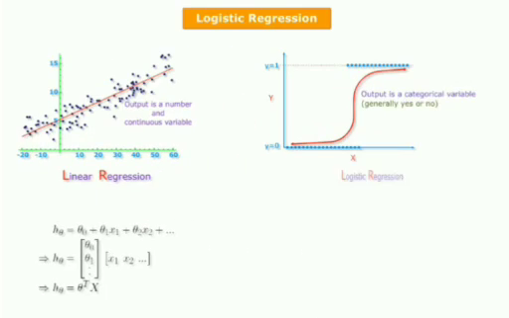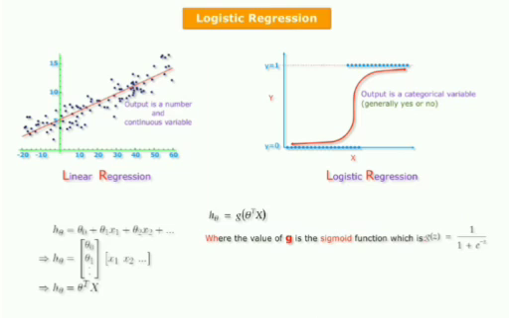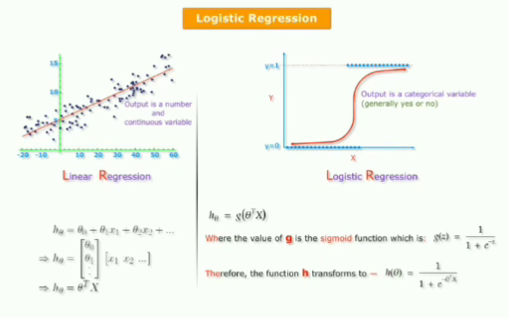For logistic regression, the equation is modified a bit. h theta is equal to g of theta transpose x, where the value of g is the sigmoid function, which is g(z) is equal to 1 by 1 plus e to the power minus z. Therefore, the function h transforms to h theta is equal to 1 by 1 plus e to the power minus theta transpose x.